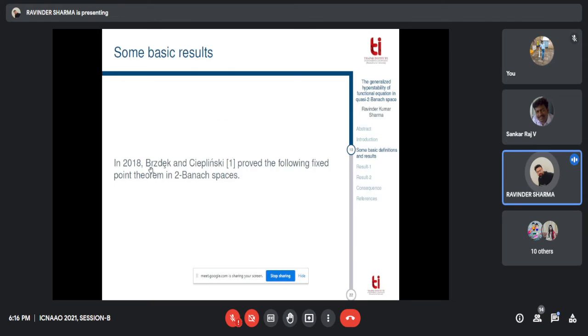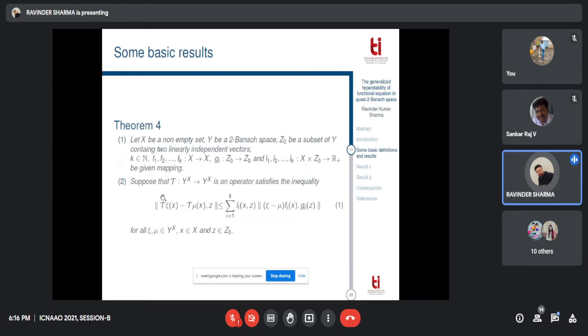In 2018, Brzdek and Kaplinski proved the following fixed point theorem in two-Banach spaces.